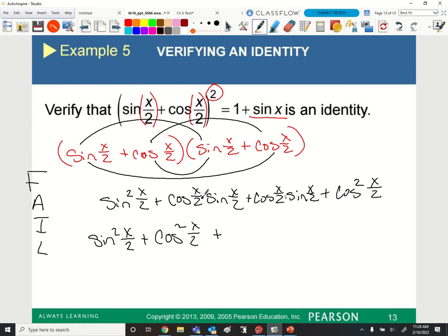So I'm going to rewrite these so I have sine first, and hopefully that will point something out for you. It is going to be an identity, but I'm rearranging it to match my identity a little better. So it's sine of x over 2 cosine of x over 2 plus sine of x over 2 times cosine of x over 2.